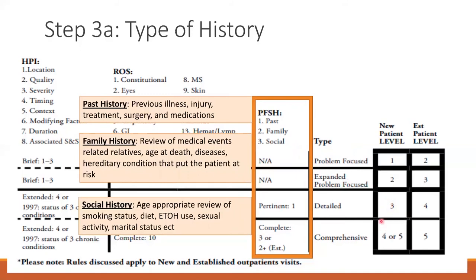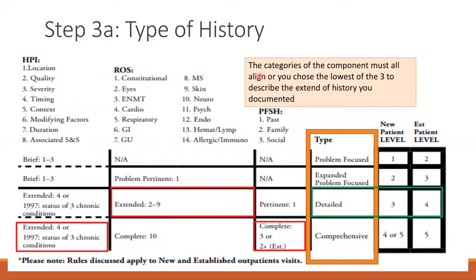And they can be either detailed, which is reporting on 1 component of past, family or social history, or it can be complete, which is reporting on all 3, or at least 2 for an established patient. And if you're billing a 5 for an established visit, you would at least have to report 2 of those within your chart note.